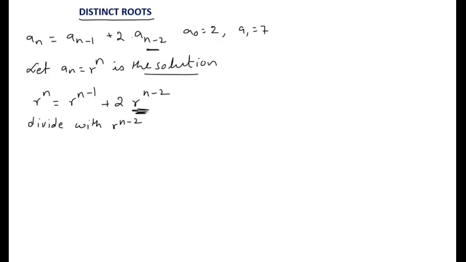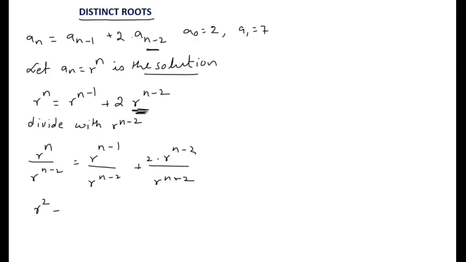So we get r^n / r^{n-2} = r^{n-1} / r^{n-2} + 2 r^{n-2} / r^{n-2}. Finally we get r² = r + 2.